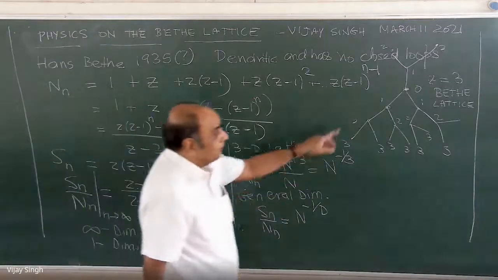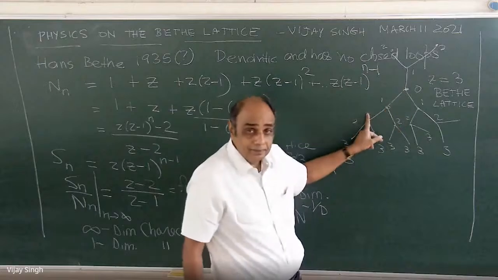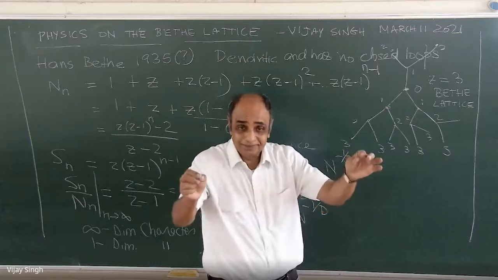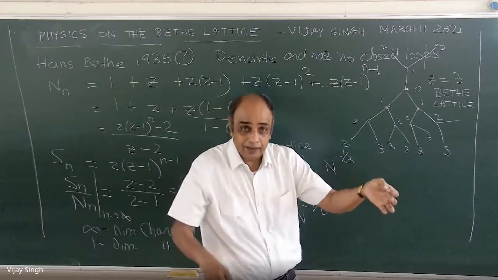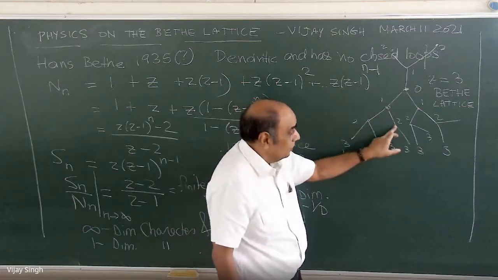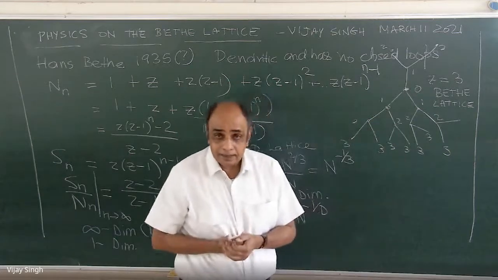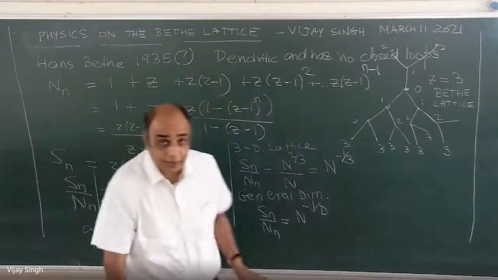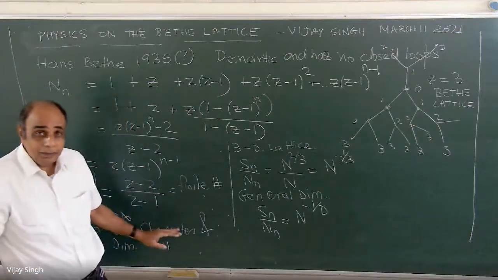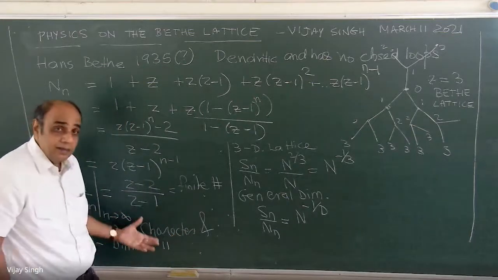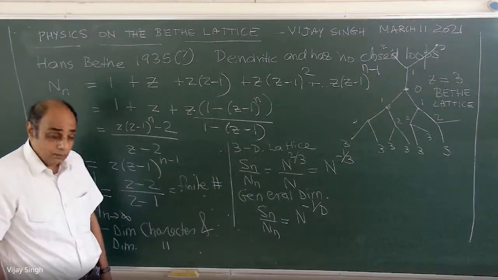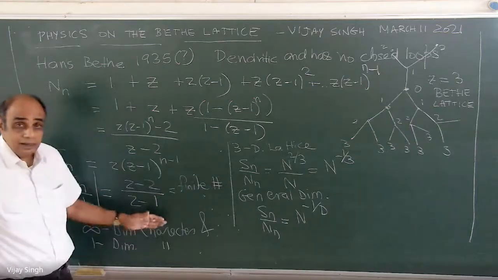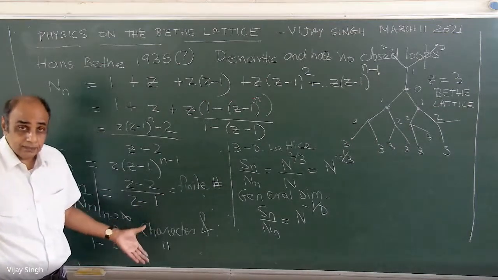That is because the Bethe lattice is simply connected. So it is like in one dimension, there is no closed loop. In 2 dimensions there are for a square lattice or honeycomb lattice, but in 1 dimension there are no closed loops, and that is what the Bethe lattice is. So it has both characters. It has the simplicity of 1 dimension, so you can work out a many-body problem exactly, and it also has this infinite dimensional character. So it is somewhat enigmatic. It is schizophrenic. That's what you would say.